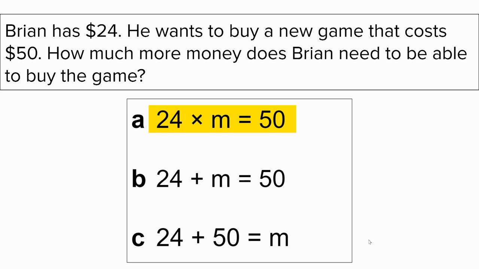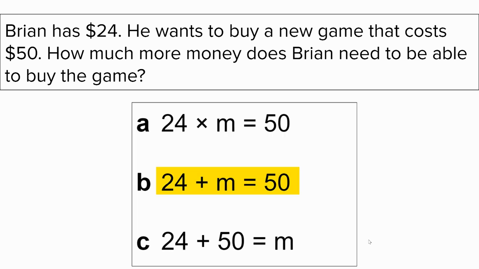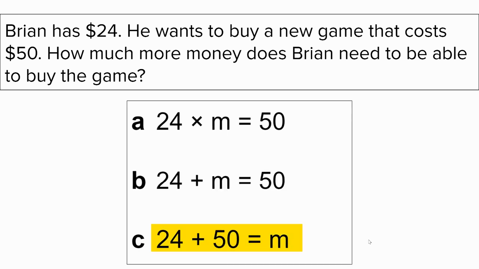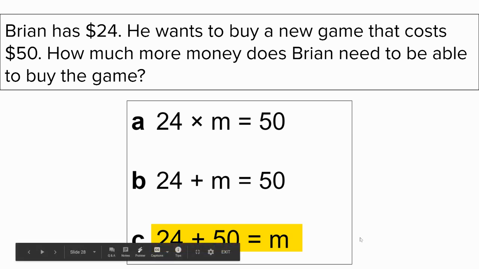Do you think it would be B, 24 plus m equals 50? Or do you think it might be C, 24 plus 50 equals m? Think about what operation would work and think about what we're trying to figure out.